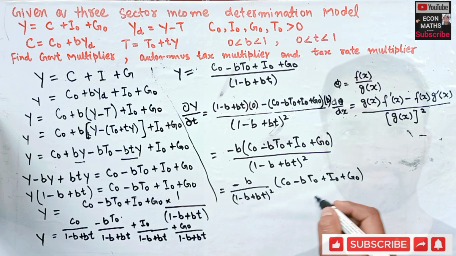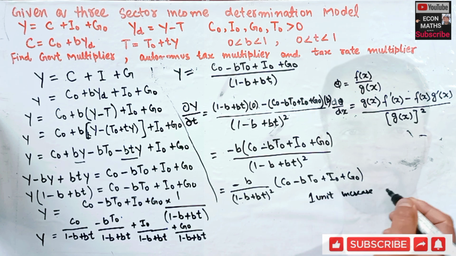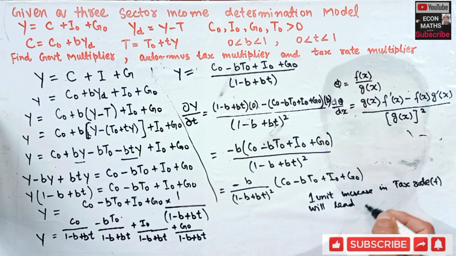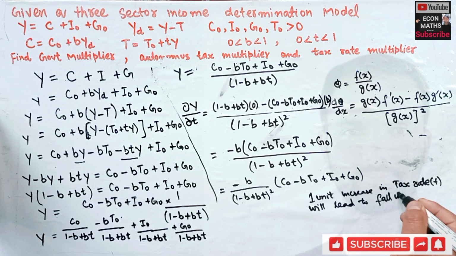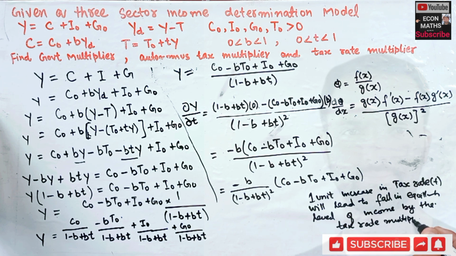term. That means a 1 unit increase in tax rate, okay, that is small t, sorry, small t, will lead to a fall in the equilibrium level of income by the tax rate multiplier, okay, tax rate multiplier, okay.